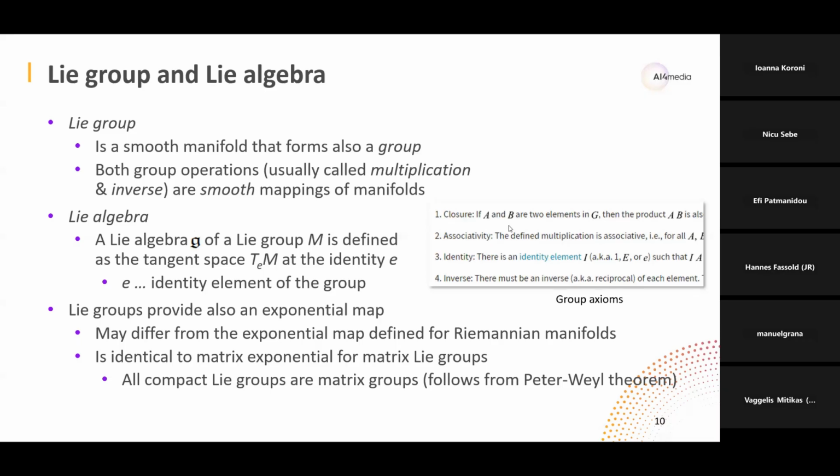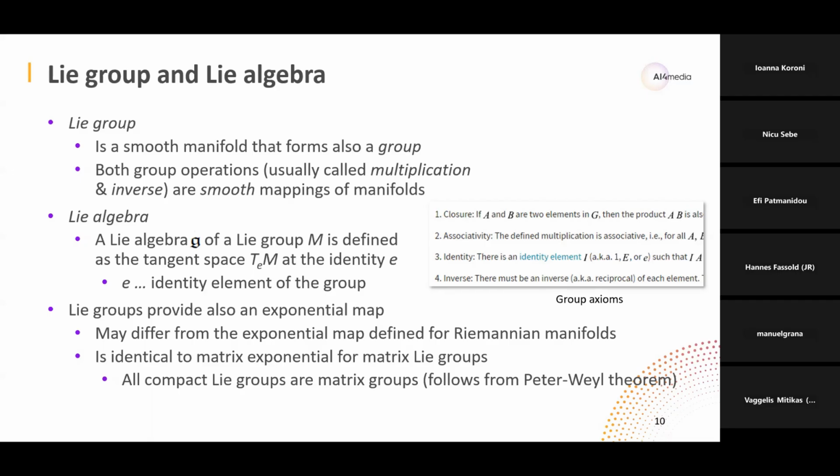Then you have the associative axiom. And then you have to have an identity element, which is usually named with I or E, and you have to have an inverse element for each element. So if you have this, then you have a group.